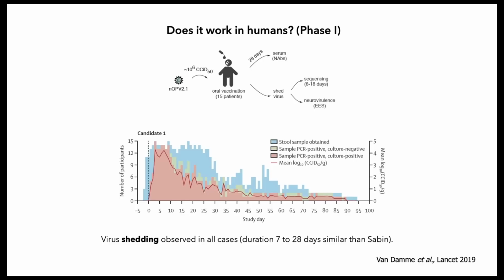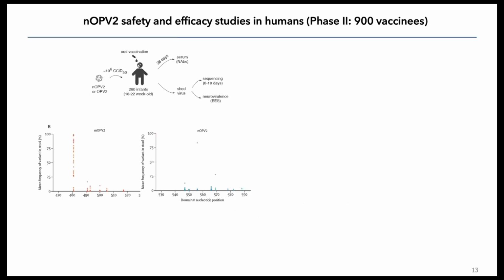After that, from this phase 1, based on these studies and also with the analysis of sequencing showing that the virus was more genetically stable in these conditions, a phase 2 clinical trial was conducted in Panama, where now there was a comparison between the new OPV with the original Sabin type 2 called mOPV2.